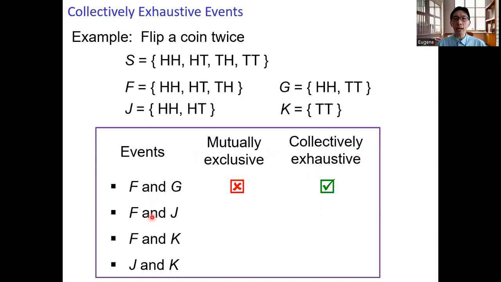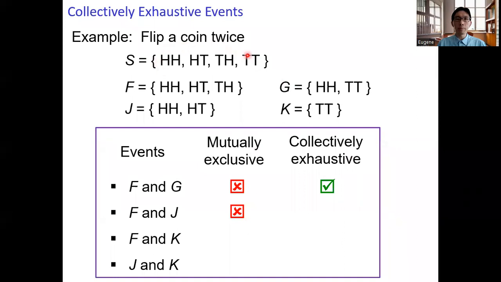How about events F and J? Comparing event F and event J, the sample points HH and HT are in common. So these two events are not mutually exclusive. Are they collectively exhaustive?